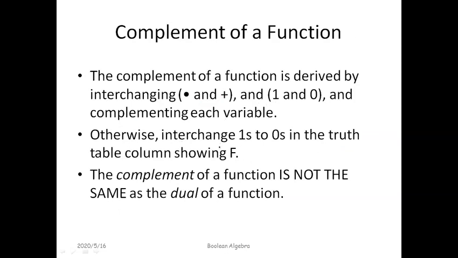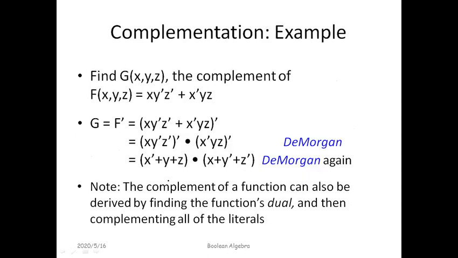Otherwise, interchange 1s to 0s in the truth table column showing f. The complement of a function is not the same as the dual of a function. So let's look at complementation. We look at an example.